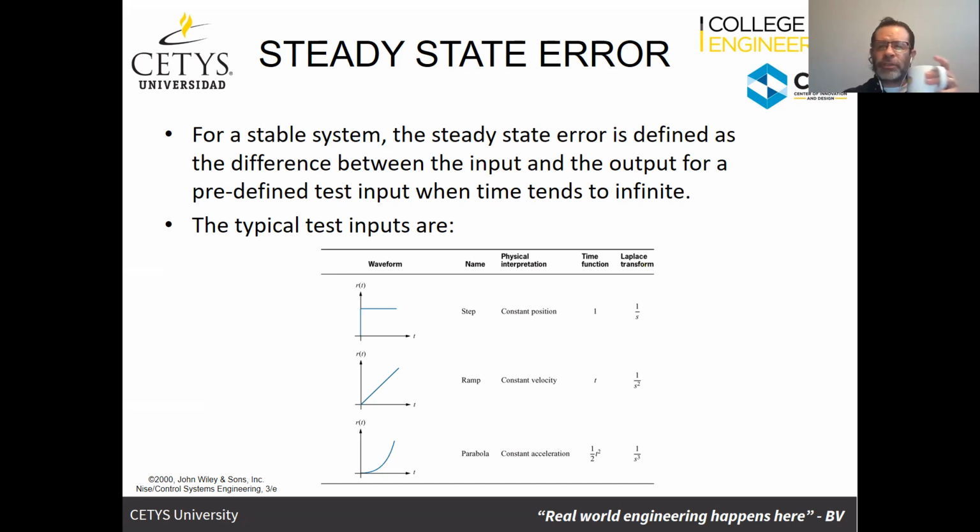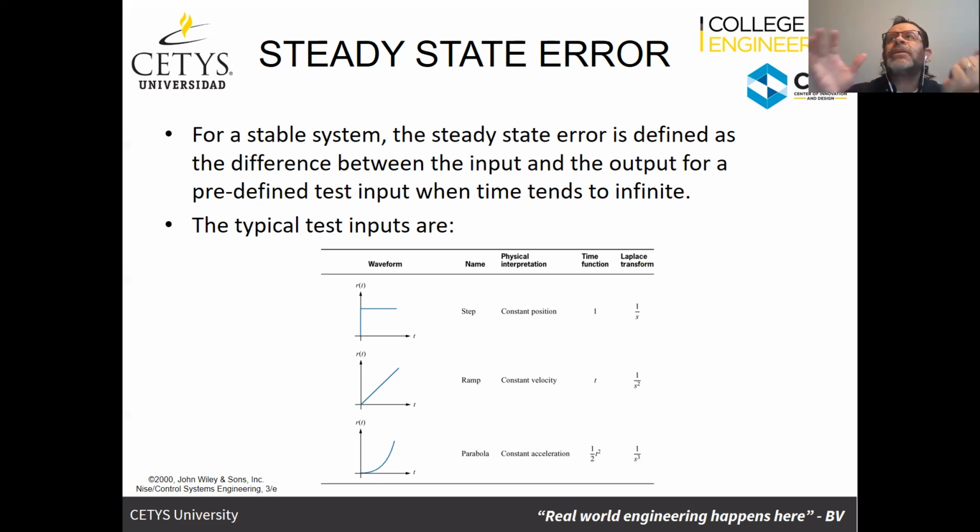Now, remember that there are certain types of test inputs that we're usually going to be applying to a system. And so for the purpose of this topic, we're going to be talking about three types of test inputs. Why these three? Because they can directly be associated with some physical variables. So the first type of input is the step input, which is basically a constant.